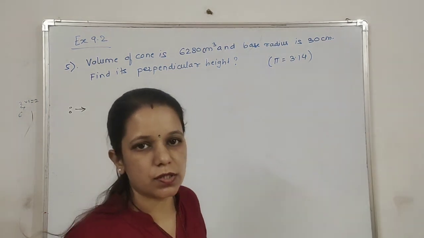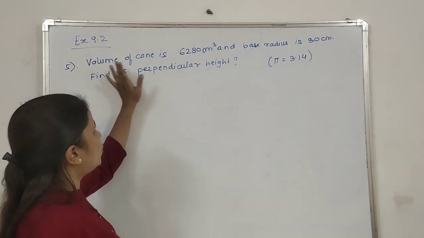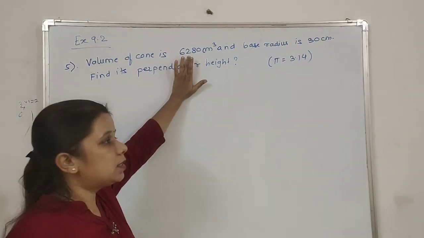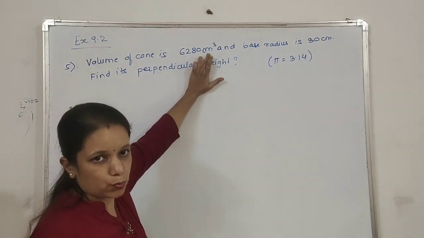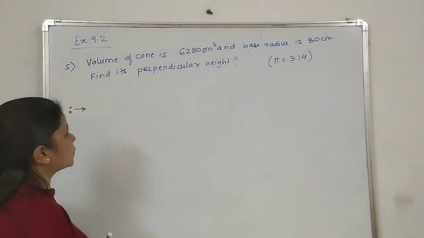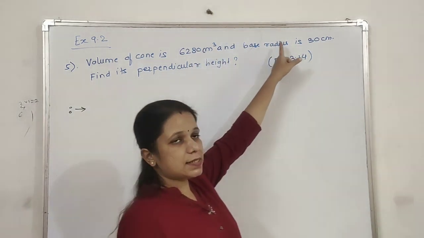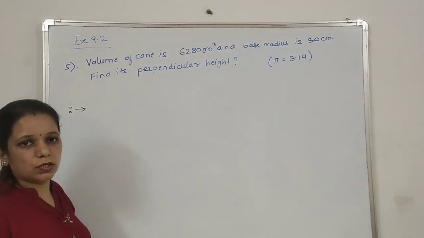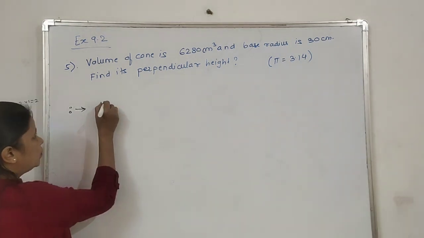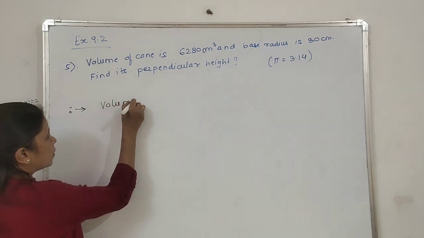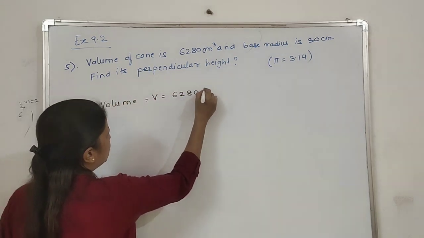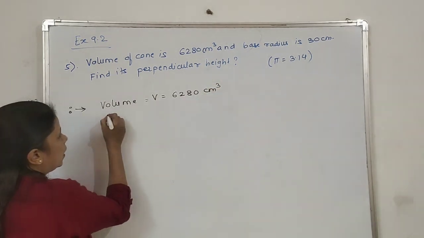First I will read out the sum for you. Volume of cone is 6280 centimeter cube. Volume is given and base radius is 30 centimeter. So we will just note it down. Volume V is equal to 6280 centimeter cube.